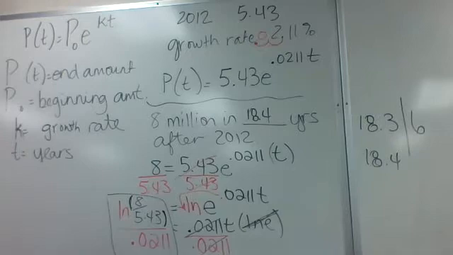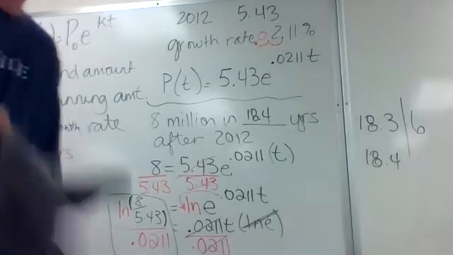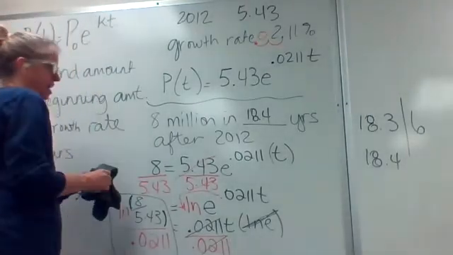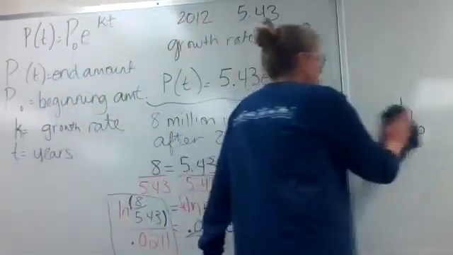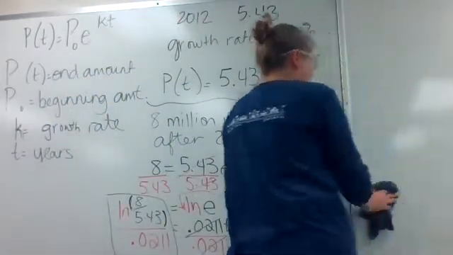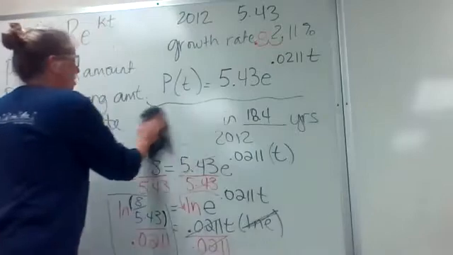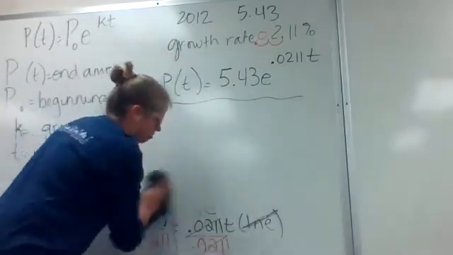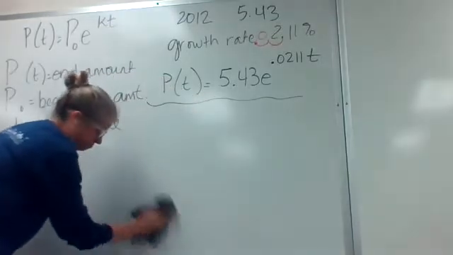The last part of number 1 says the doubling time is about blank years, round to 1 decimal place. Okay, so let's see. The formula for doubling time always is, if you know the growth rate, you can figure out how long it's going to take something to double.